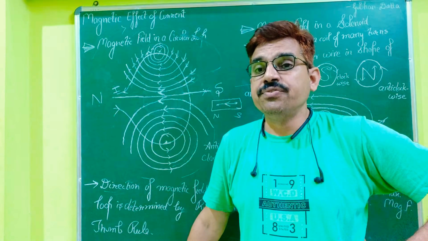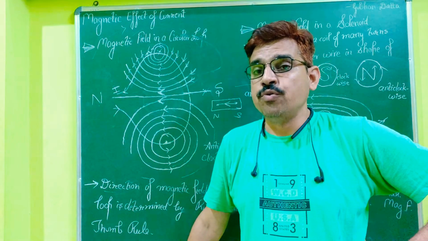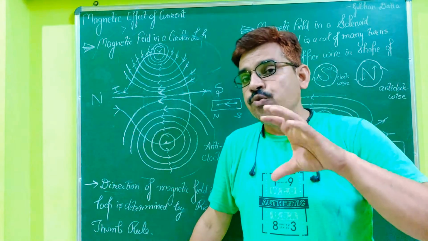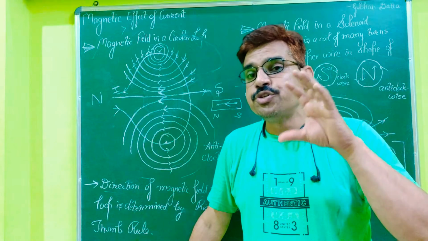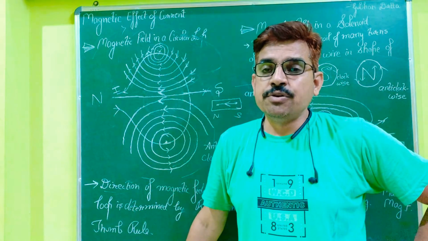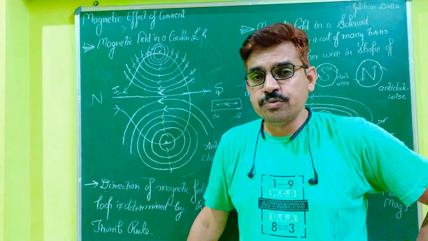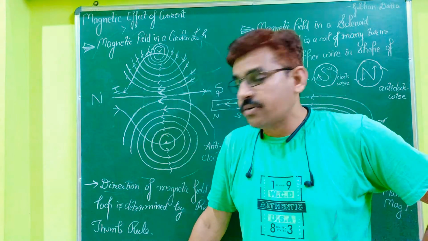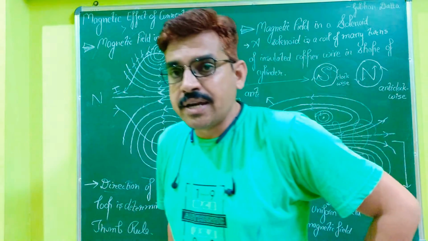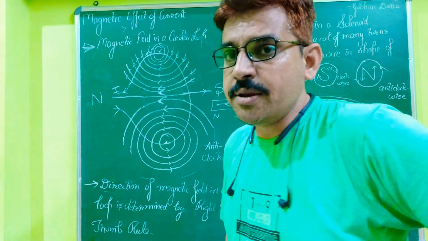And if we take a large circular loop, the magnetic field lines inside this loop will be almost uniform. So a strong magnetic field will be there inside the loop when current flows through this circular loop in this way. So this is about the magnetic field due to the circular loop.